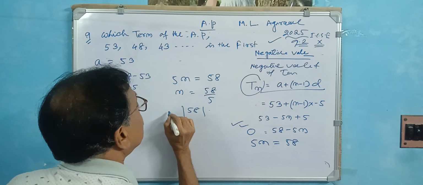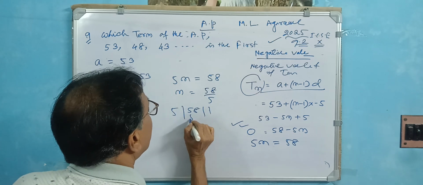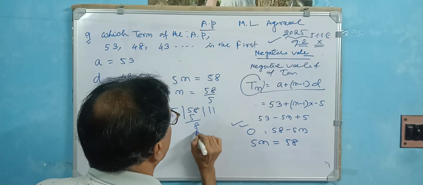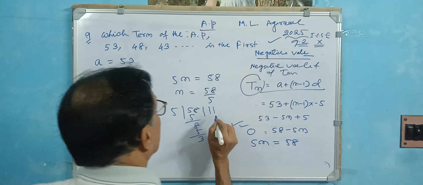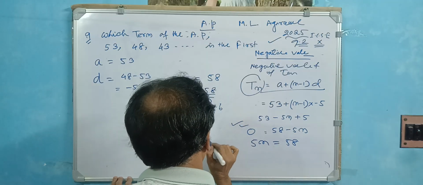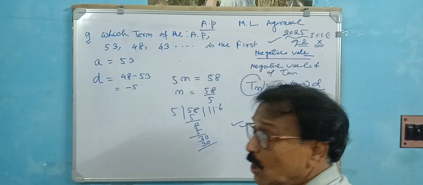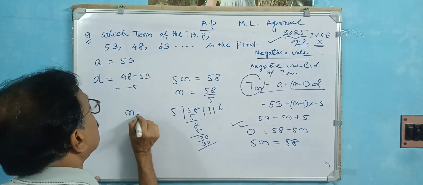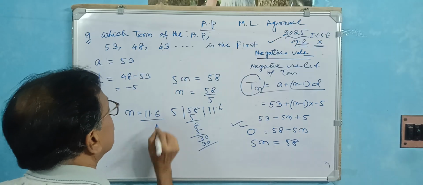58 by 5. 5 ones are 5, this 8, 5 ones are 5, this is 3, so this is point 6. So what is the value of n? n is actually 11.6.